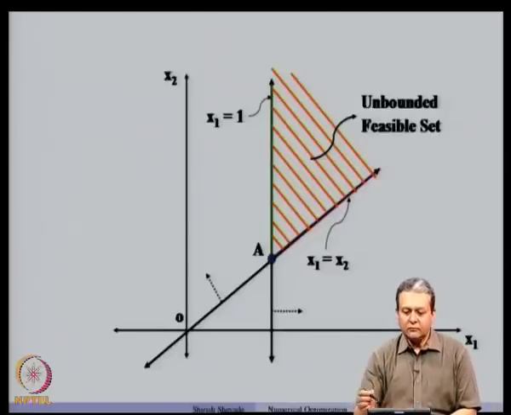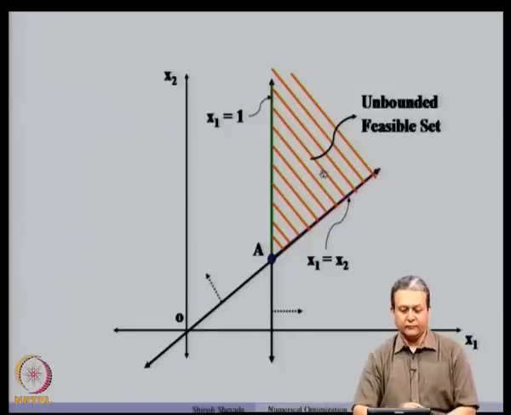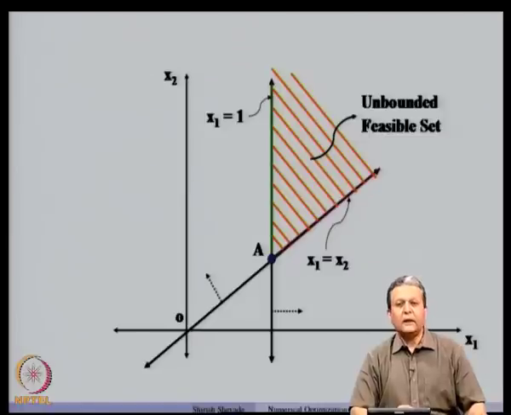Now, here is another example of an unbounded feasible set, and you will see that the point A is the only extreme point of this set. There are no more extreme points as far as this set is concerned. There could be instances where the constraint set may not have an extreme point or a corner point.